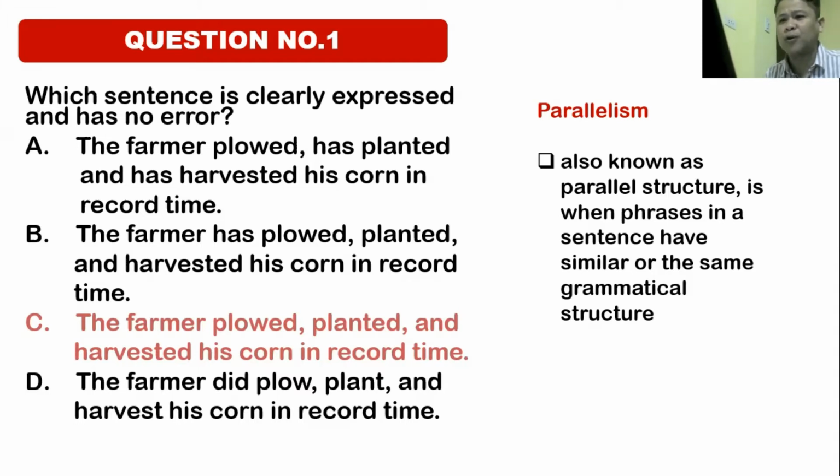And letter D, the farmer did plow, plant, and harvest. So the structures are not parallel. So the correct answer is letter C because it follows the rules on parallelism. The farmer plowed, planted, and harvested his corn in record time.